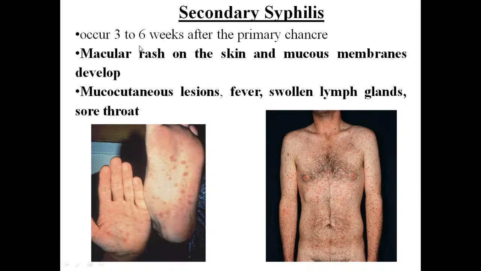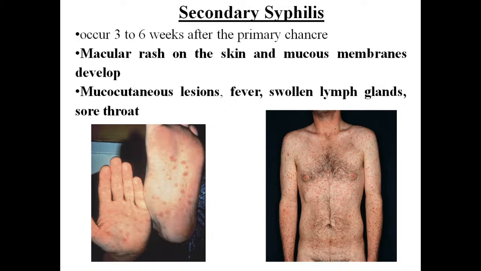After 3 up to 6 weeks after primary syphilis, after chancre, secondary syphilis develops. Secondary syphilis develops because of dissemination or spreading of bacteria in the bloodstream, widespread of bacteria.